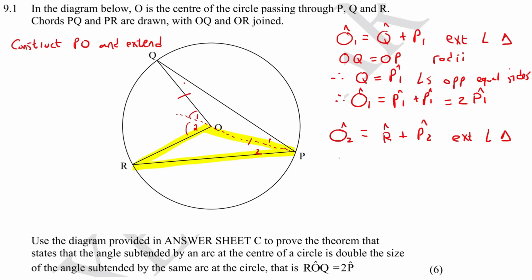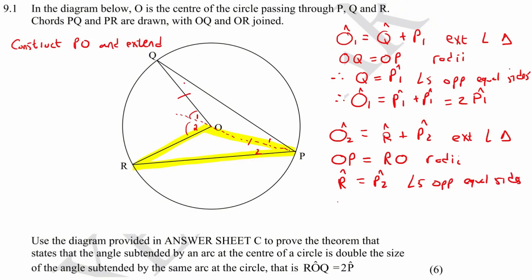But then we're going to say that OP is the same as OR, and that's because they are radii. And then we're going to say, therefore, that angle R must be the same as P2 because they are the angles opposite equal sides.